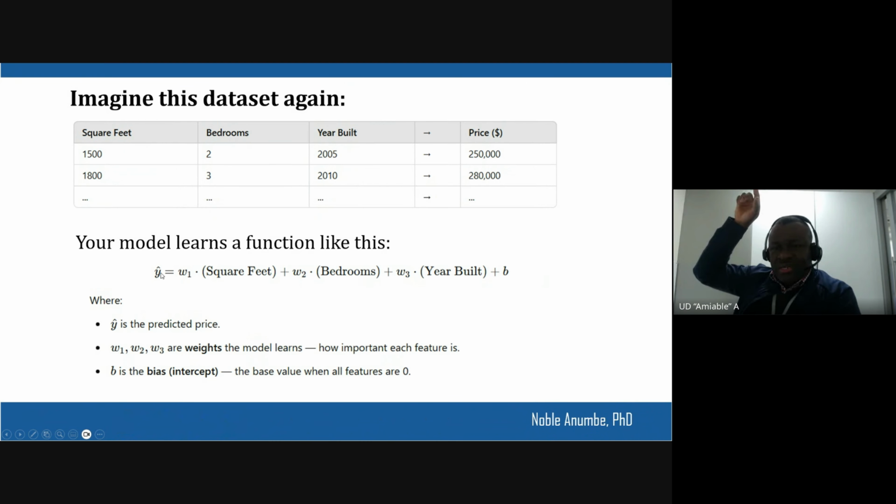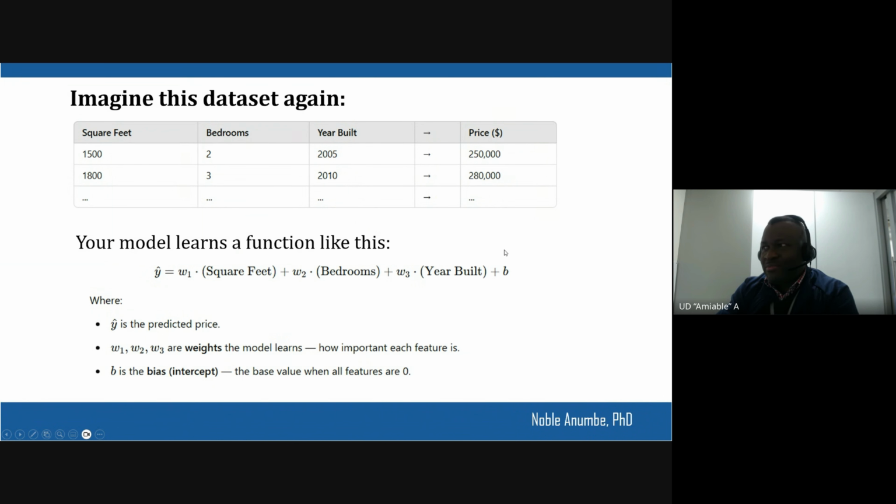The y with the hat, y hat, right? And then we have your w1. Your w1 is literally your m1 that I mentioned, times square feet, plus the slope times bedroom, plus year built, which are the 3 variables we have here.